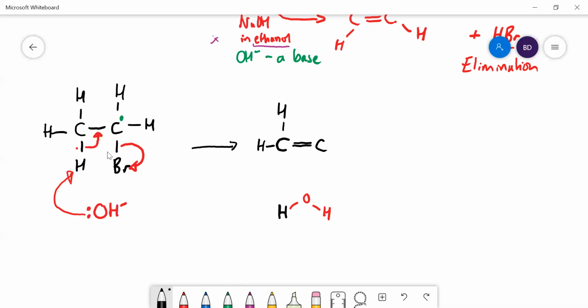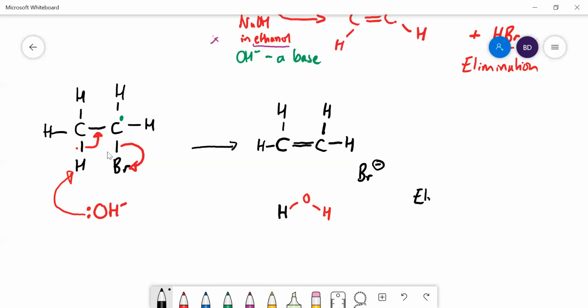We formed a double bond now to that one. That's formed from the pair of electrons that were between the carbon and the hydrogen. And that hydrogen is still there. And this bromine has come off as Br minus. It's minus because both of the electrons in that bond have gone onto the bromine. So that is the elimination mechanism.